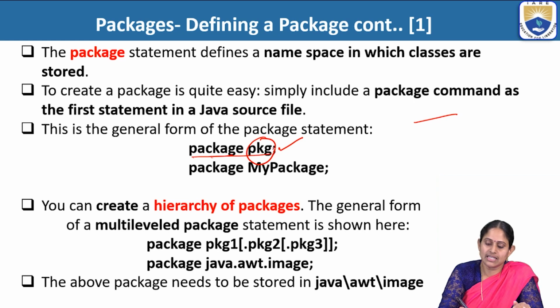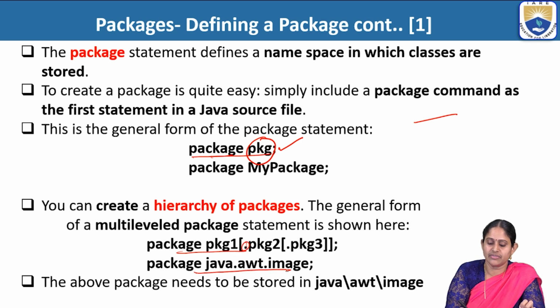So what it understands is that the code which follows it is placed inside the package named pkg. Also we can create a hierarchy of packages by using the dot operator. So if you consider this package, we say that we are making use of the Image class of Java's AWT package.